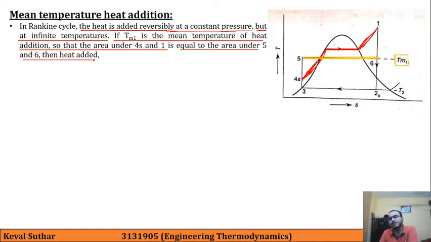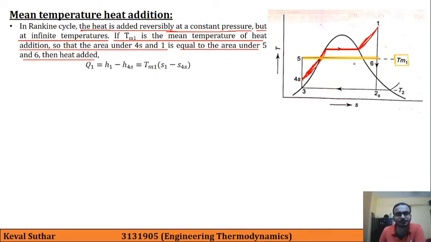So what we have tried over here is to replace the Rankine cycle's heat addition process 4s to 1, that is over here to here, with an isothermal heat addition similar to a Carnot cycle, so that the area under both the curve and line will be the same, that is the heat addition will be equal.